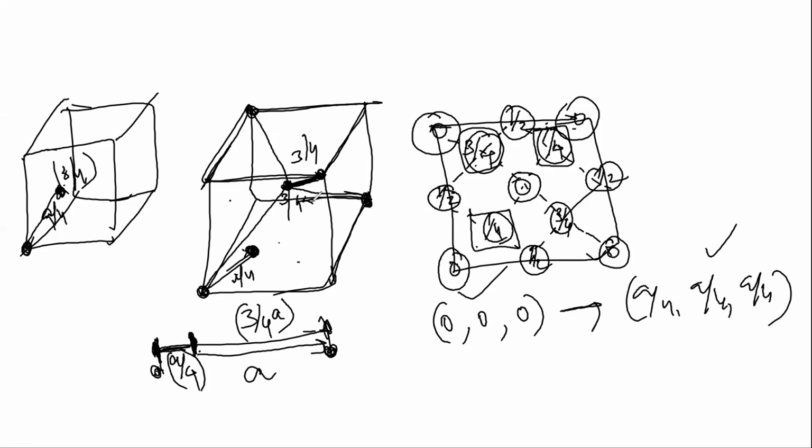Okay. So we can say that the diamond structure is a combination of two interpenetrating face-centered cubic lattices. Interpenetrating means one is penetrating into the other. Two face-centered cubic crystal structures.